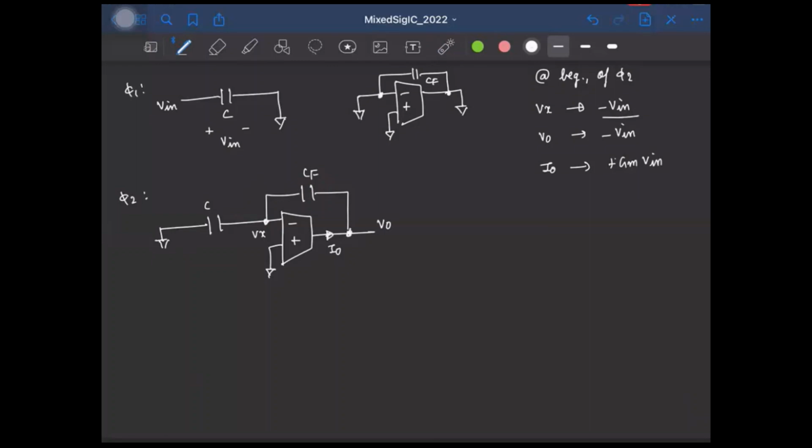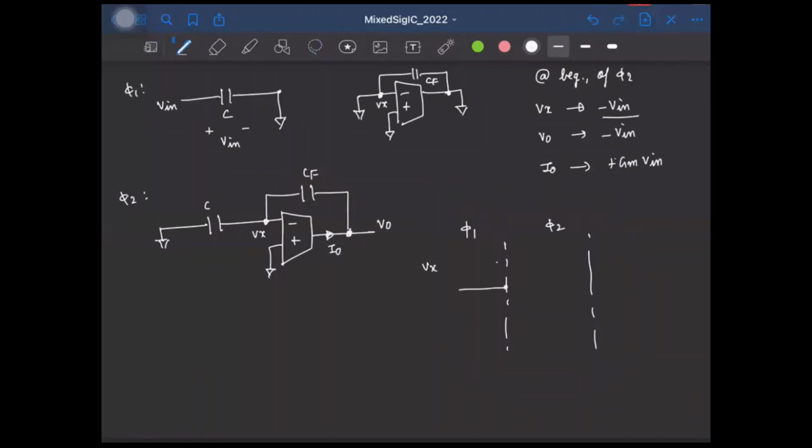So if I look at the waveforms, say this is the beginning of phi2. Okay, so till here we had phi1, and here let us say we have phi2. So during phi1, Vx was, that is this voltage, Vx was 0, right? Sorry, Vx is here, right? So Vx was 0.